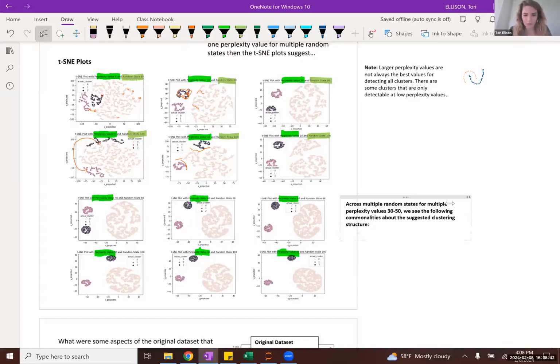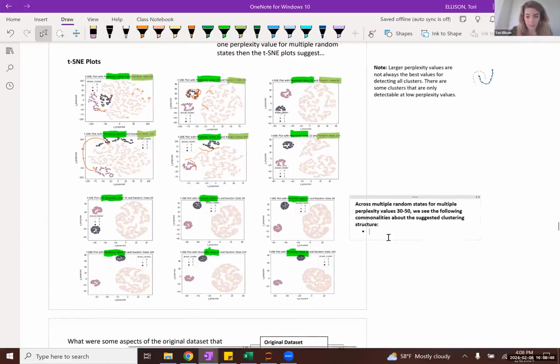Okay, so like I mentioned, one of the things that a carefully examined set of TSNE plots can tell you is, for instance, that number one, there is a clustering structure.